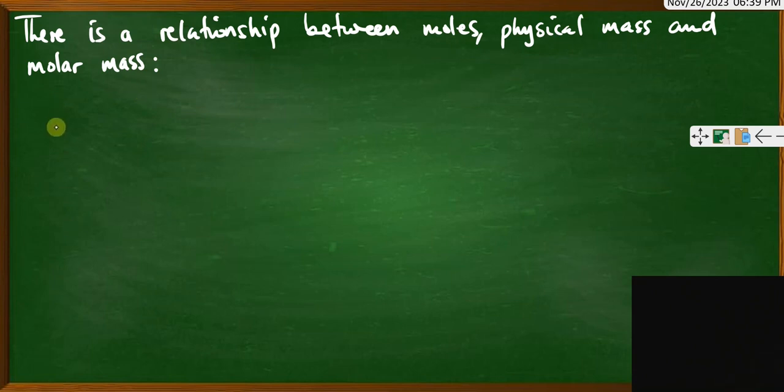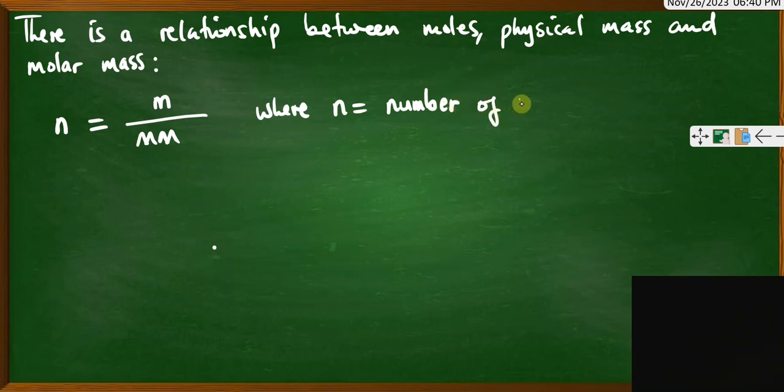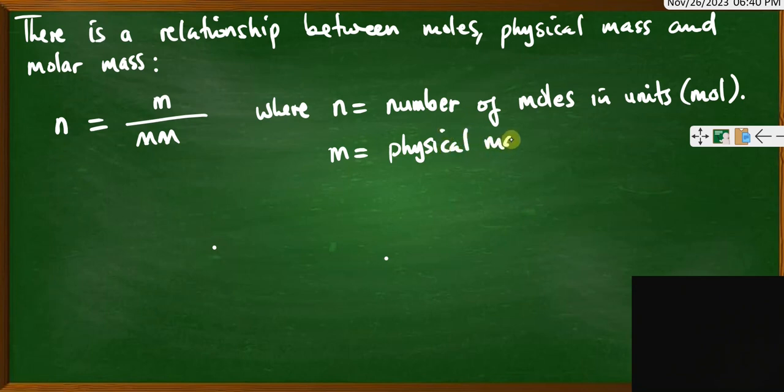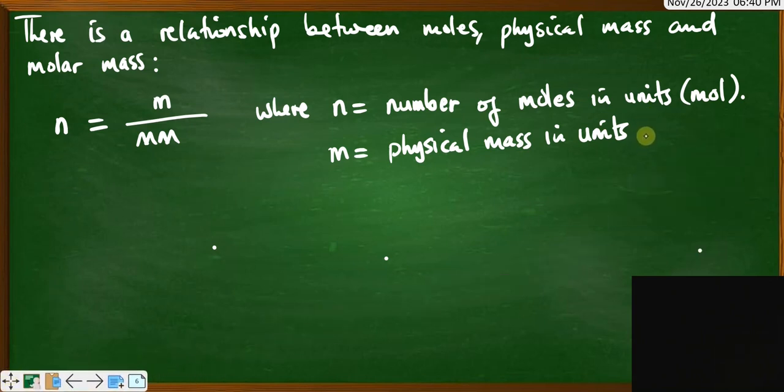Now the relationship is here. This is the formula: n is equal to m over capital M, where n is the number of moles, in units of mole. Then m is the physical mass, in units of grams.